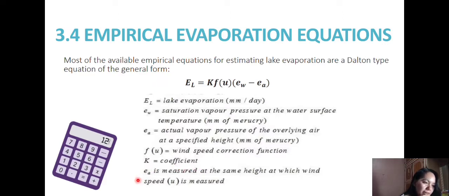E sub A is measured at the same height at which wind speed, or U, is measured.